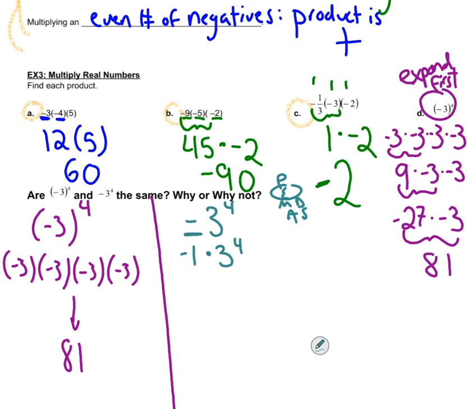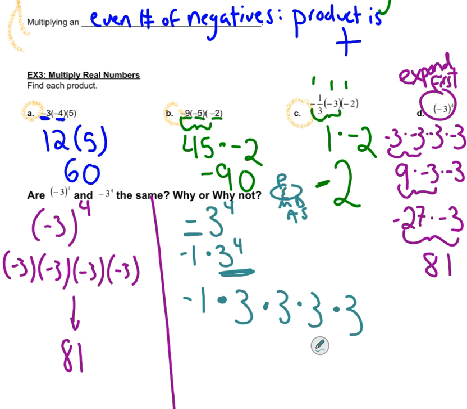Yeah, you might not have seen this before. This might be new, so pay close attention here. So negative 1 times 3 to the fourth power, because exponents come before multiplication, we're going to evaluate 3 to the fourth power first. So let's rewrite this, expanding out that exponent: negative 1 times 3 times 3 times 3 times 3.